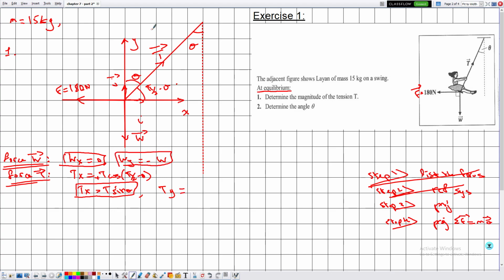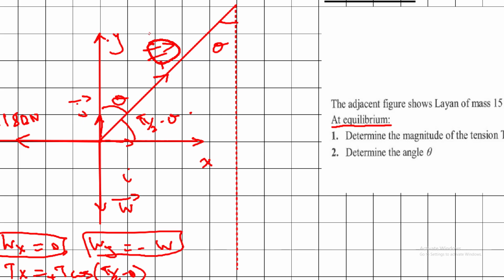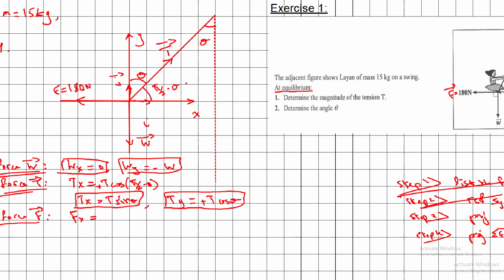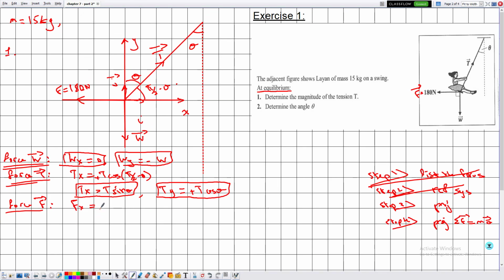Now T is pointing in the positive direction of the y-axis, so it's positive T cosine theta. As for the force F, Fx is completely lying on the x-axis in the negative direction, which is minus F. So these are the forces. We are done with step number 3.